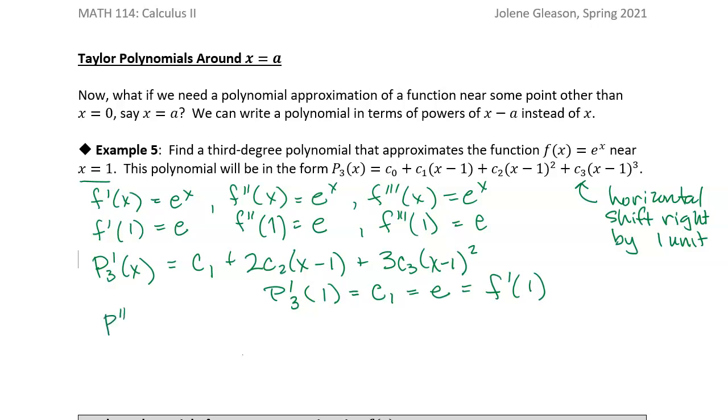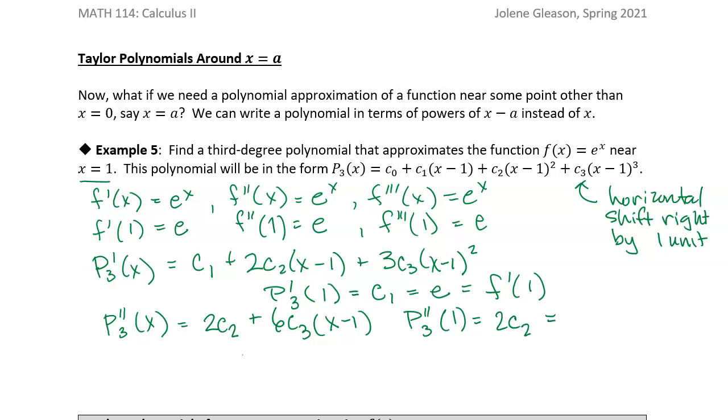Let's match the second derivative. We need to find the value of the second derivative for this polynomial. Take the derivative of the derivative, and we get 2c2 plus 6c3 times x minus 1. Then the second derivative, P double prime of 1, is equal to, again, that higher order term becomes 0, so it's just 2c2.